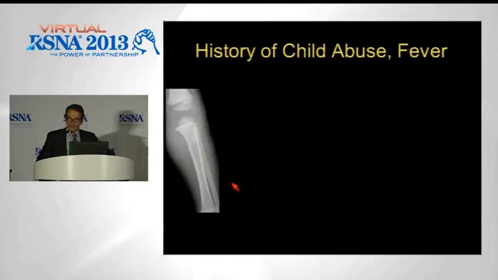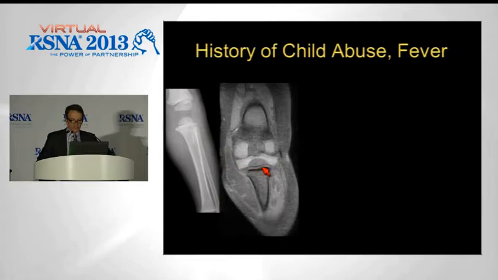This is an example of the association with trauma and osteomyelitis. This is a patient who had child abuse, had separation, as you can see on this unenhanced T1 weighted image, a separation between the cartilaginous epiphysis and the rest of the metaphysis, typical finding of child abuse.